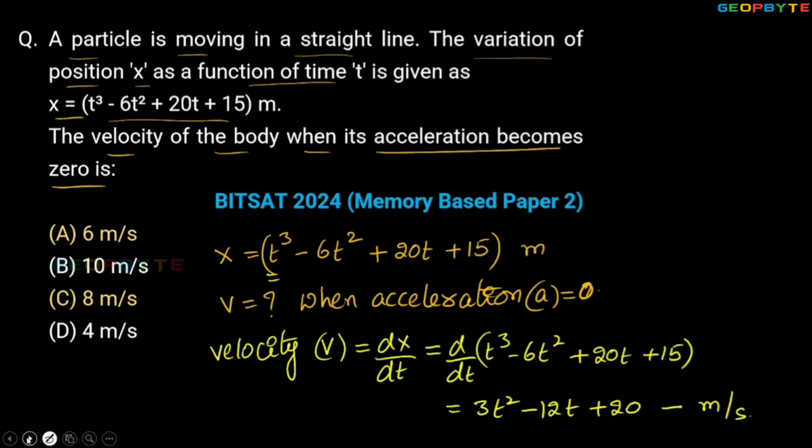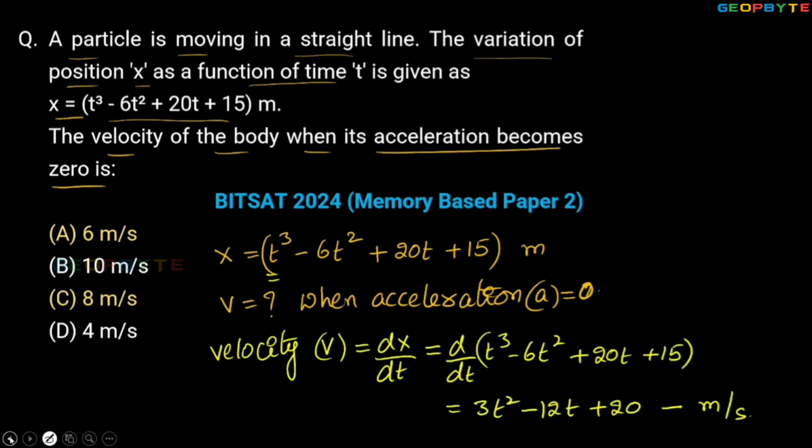Okay, let us take another slide. You got velocity v equal to 3t square minus 12t plus 20. Then what is the acceleration? Acceleration a equal to dv by dt.